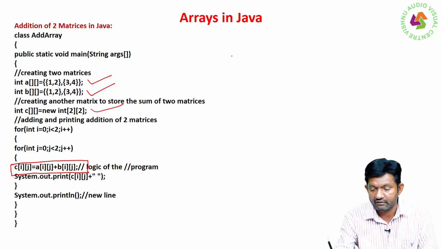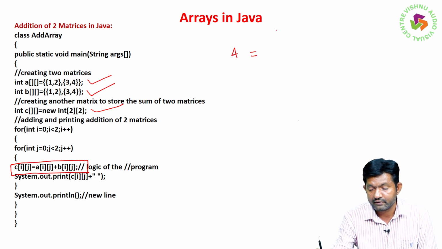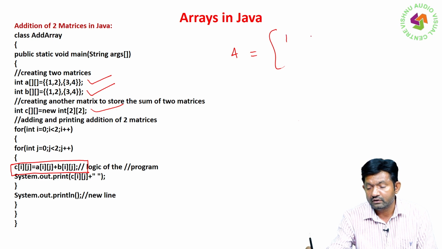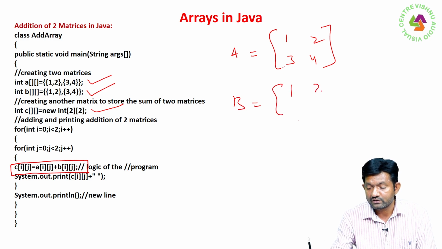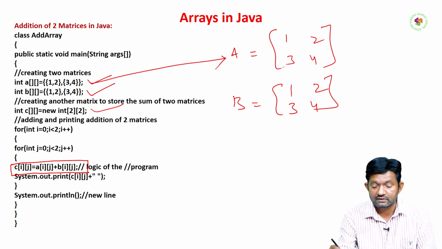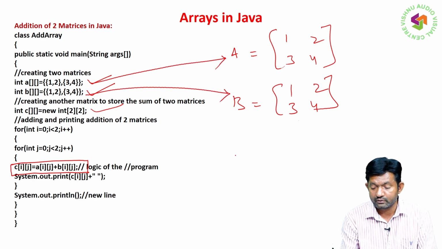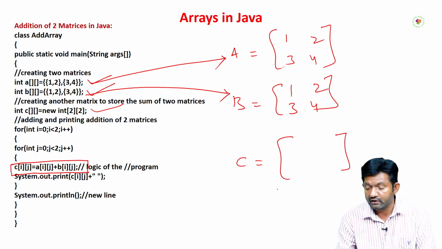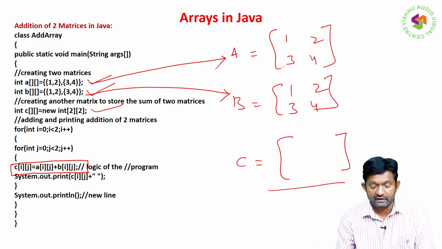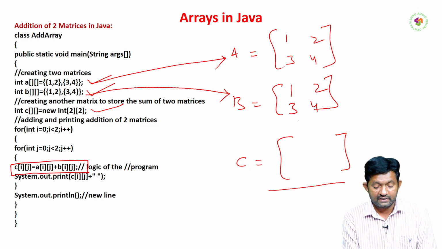Here I will write the A matrix 1, 2, 3, 4 and the B matrix 1, 2, 3, 4. A is 2 by 2, B is 2 by 2. But we don't know the value of the C matrix, that is the resultant.